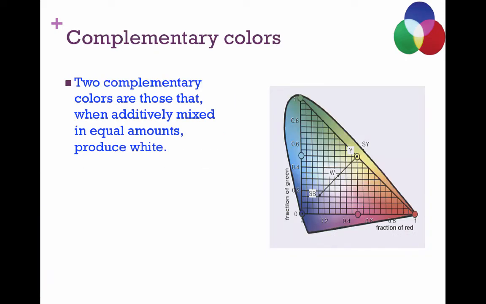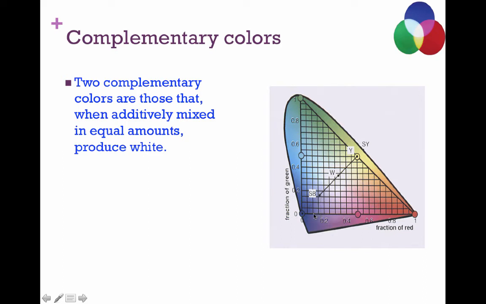All right, so let's use this for an example of our color triangle, and then also discuss complementary colors. The color triangle here, let's suppose we wanted to find this one called SB. What is this SB? It actually stands for spectral blue. So I would look here and I'd find the fraction of red that dot seems to have.